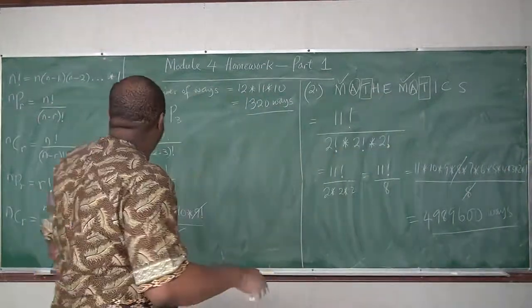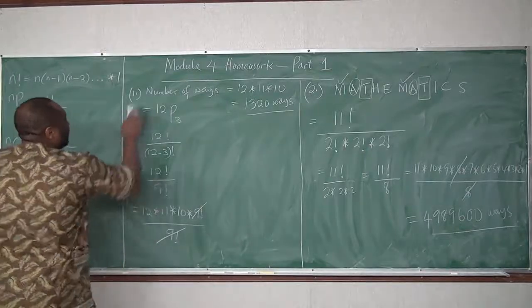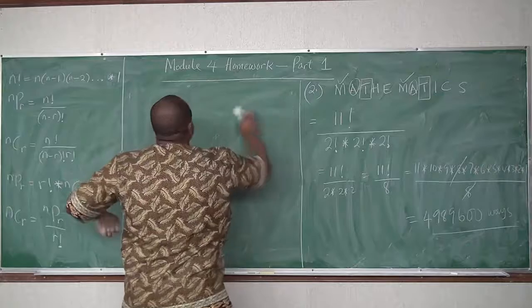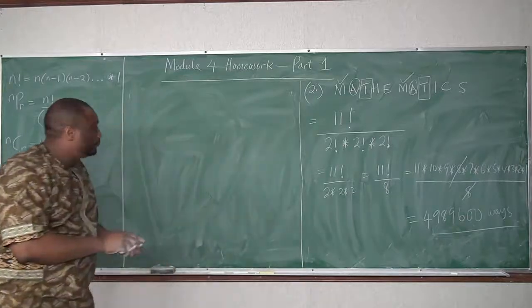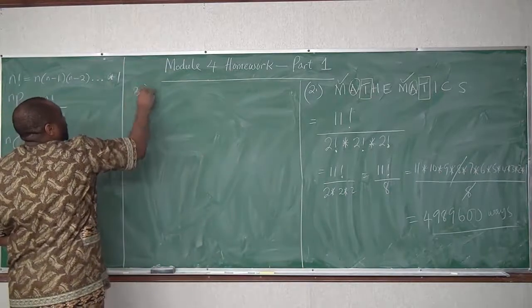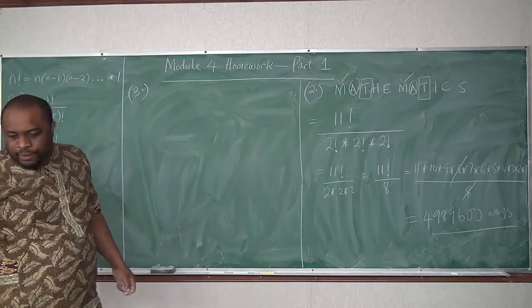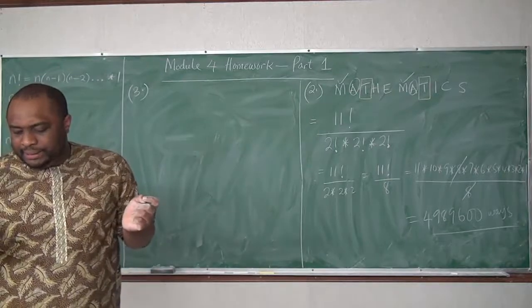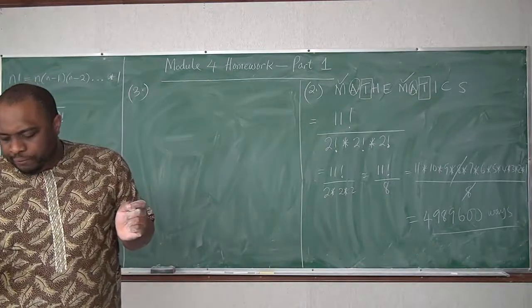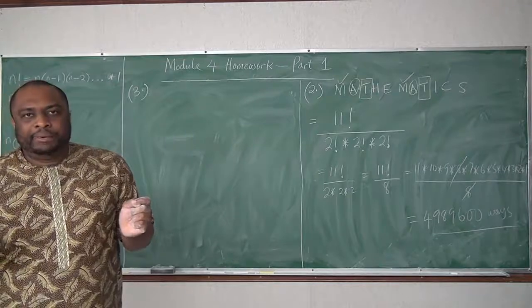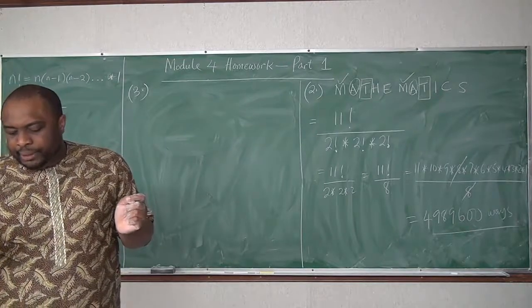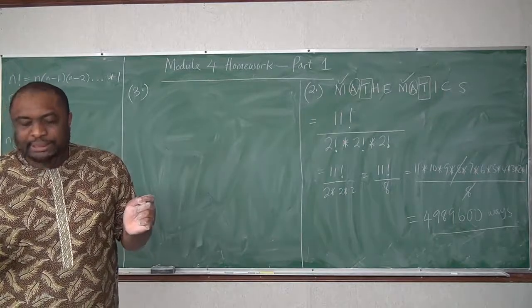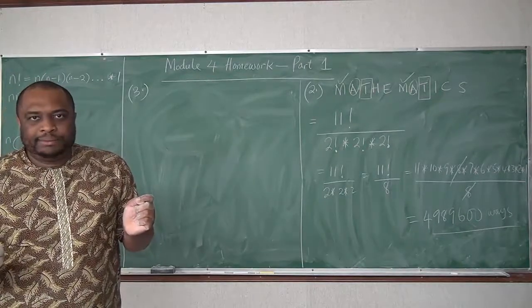Alright. Let's do question 3. This is pretty much straightforward. Question 3 says, in how many ways can a committee of 12 Republicans and 3 Democrats be chosen from a group of 16 Republicans and 7 Democrats?